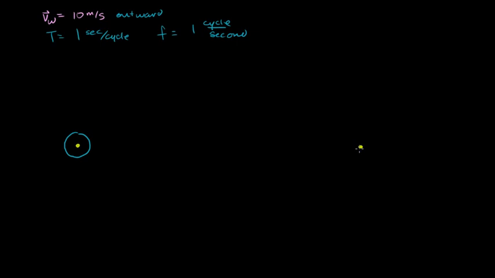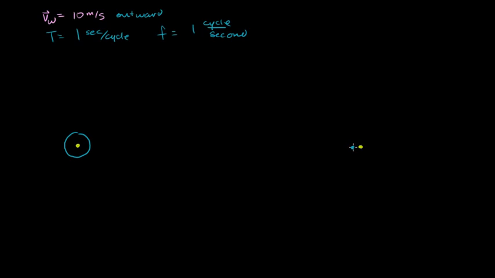Now, what about this guy? Where's the crest that this guy emitted 1 second ago? Well, you might want to just draw a radius of 10 meters around this guy as well, but he wasn't here 1 second ago. He was 5 meters to the left. Remember, he's moving 5 meters per second to the right. So 1 second ago, he was 5 meters to the left. So maybe that places him right over there. So the crest that he emitted 1 second ago is not going to be 10 meters from where he is now.